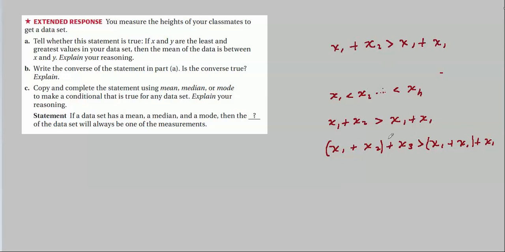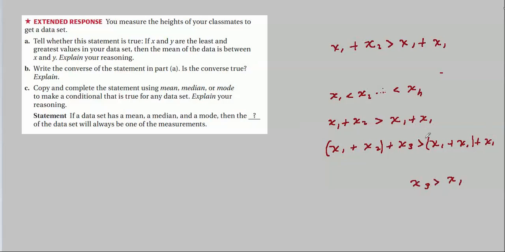Now we can just group this. Again, we've got that this is greater than this, so I can add x1 over here. Over here I can add any number x1 or greater, and it'll still be greater, right? So if I add x3 over here, which is greater, and x1 over here, or if you like it better, I could write it this way. x3 is greater than x1.